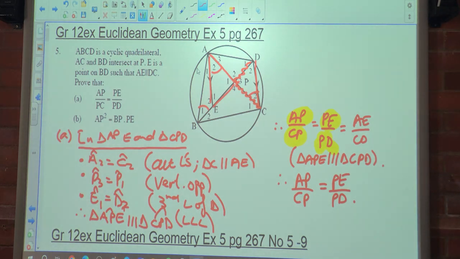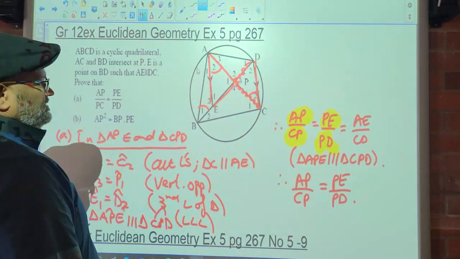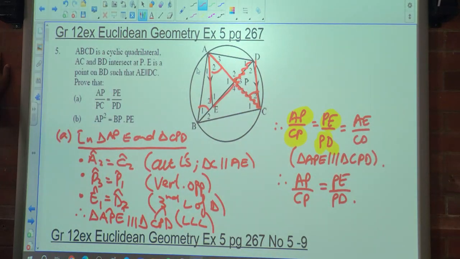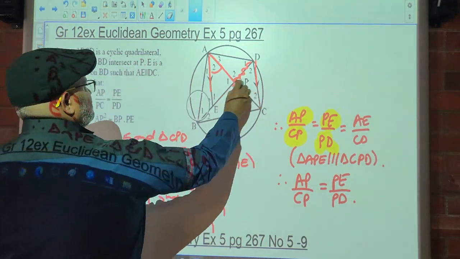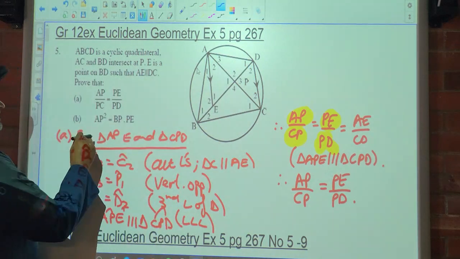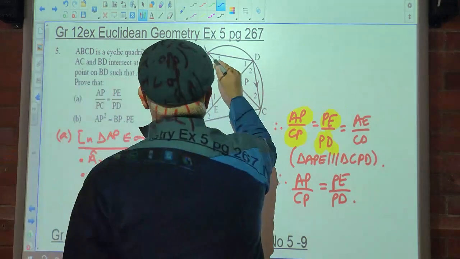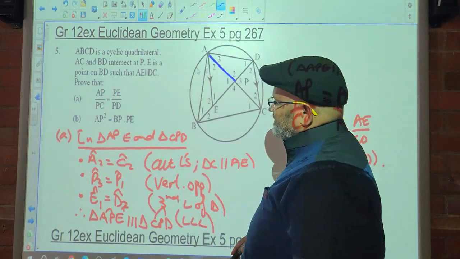Okay? You guys understand? In B, they're talking about AP squared. Okay, so is the diagram clear before I clear the board? So that means you've got AP squared. What does that mean? I must pick up AP twice. So AP is in two triangles, of course.